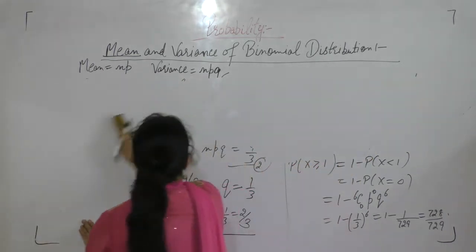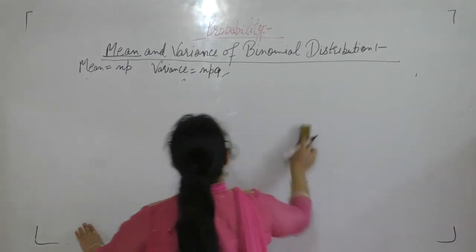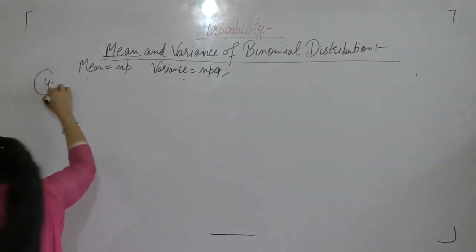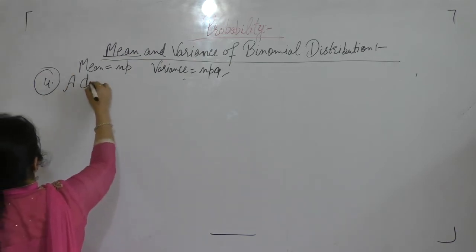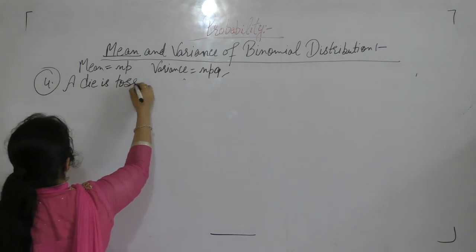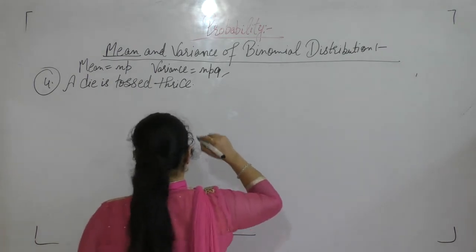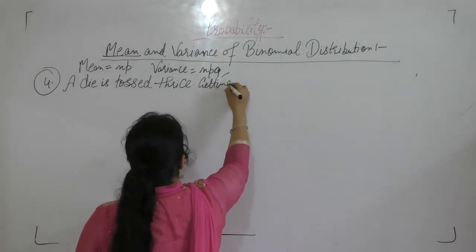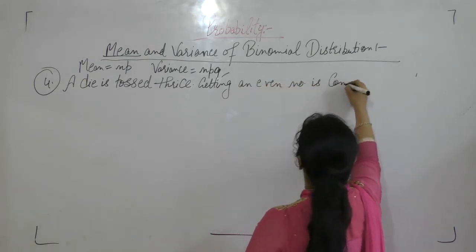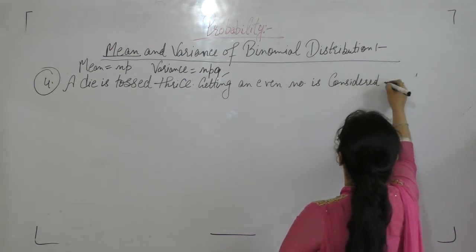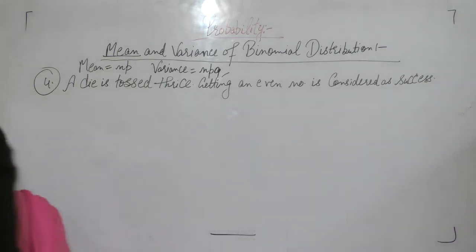Now next one is question number 4. A die is tossed thrice. Getting an even number is considered as success.